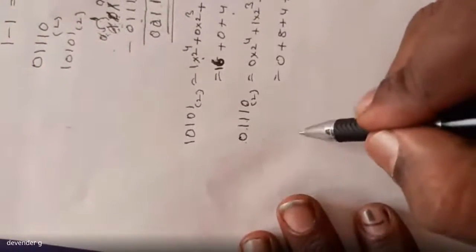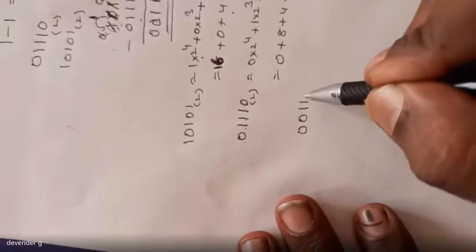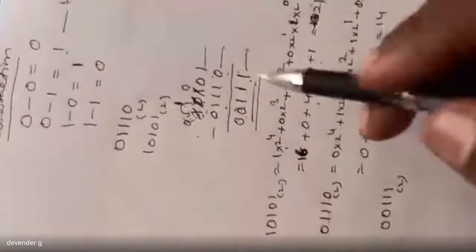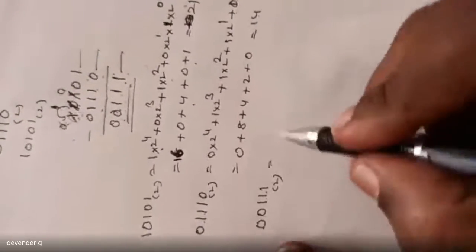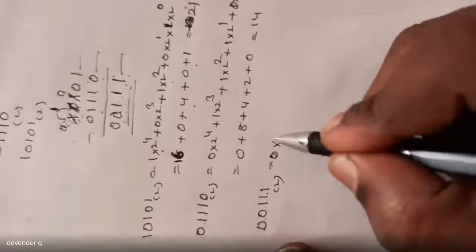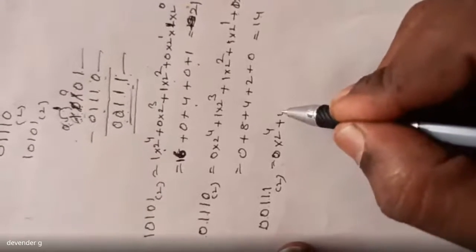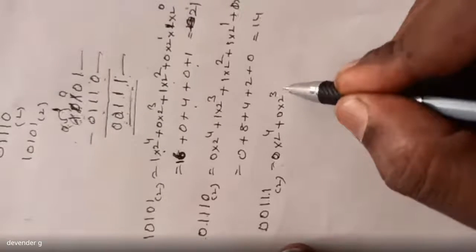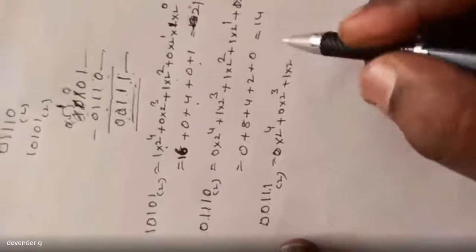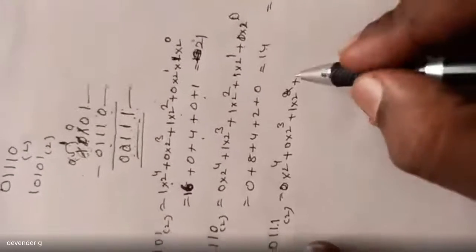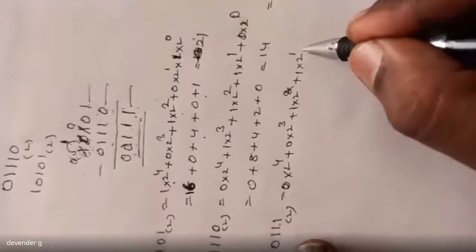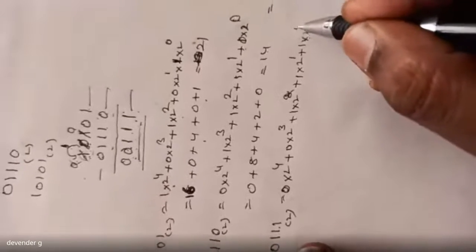The number I got is 0 0 1 1 1 base 2. Now you can check it: 0 into 2 to the power of 4, 0 into 2 to the power of 3 plus 1 into 2 to the power of 2 plus 1 into 2 to the power of 1 plus 1 into 2 to the power of 0.